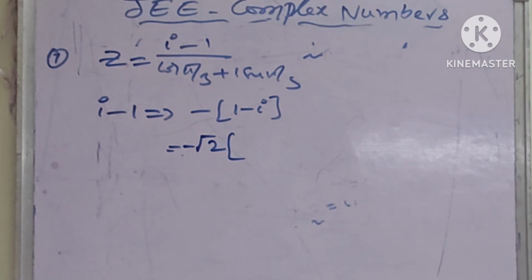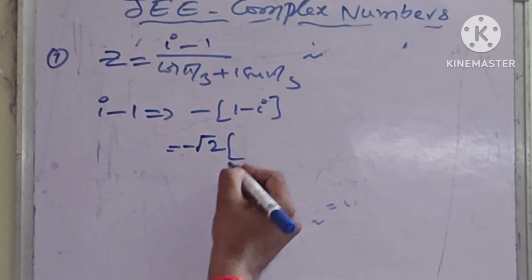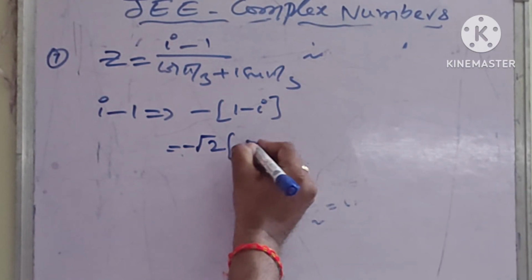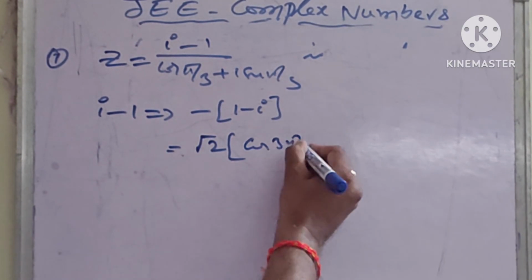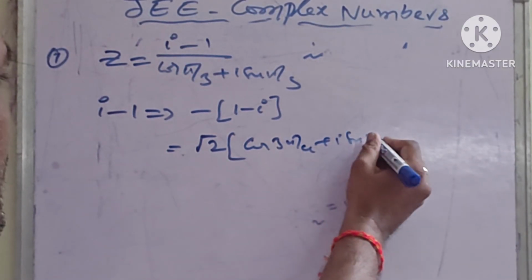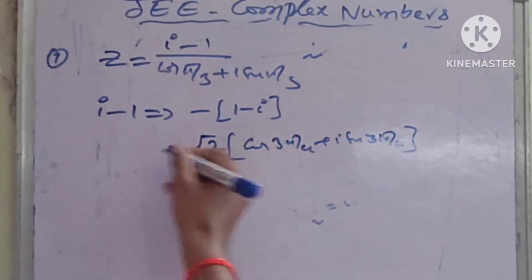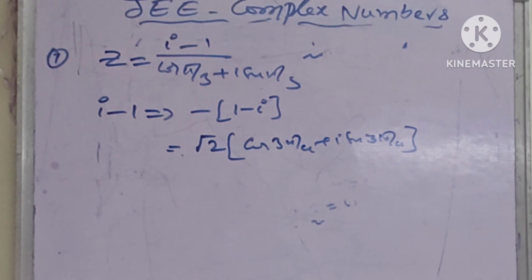Now here, 1 by root 2 plus I minus 1 by root 2, so here minus 1 by root 2, that is equal to cos 3 pi by 4 plus I sin 3 pi by 4. So that is the I minus 1 value.